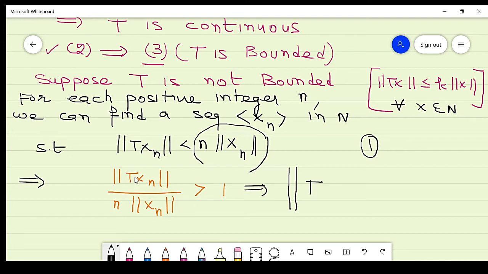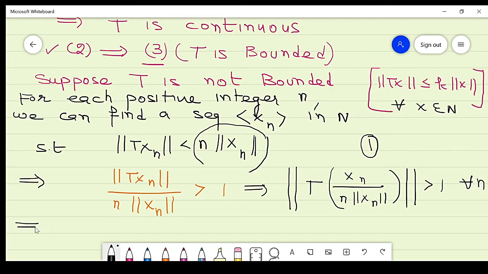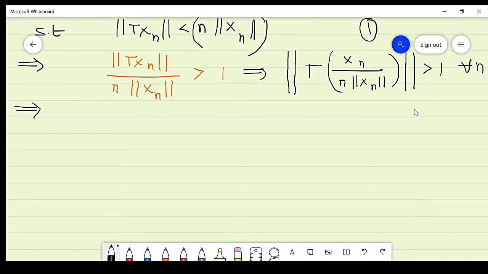Then taking the definition of operator, this will be xn over n into norm of xn, and this term is greater than 1 for every n. Clear this step? So simple calculation, that will be converted into this form.